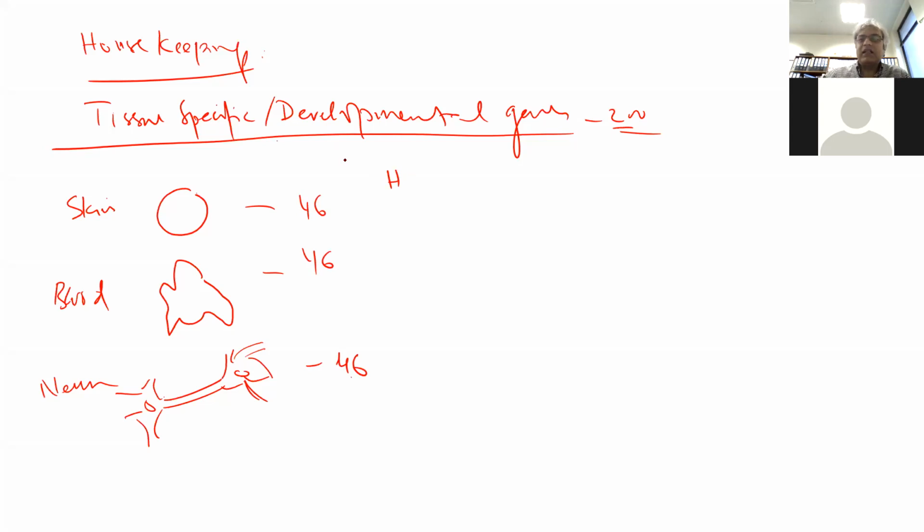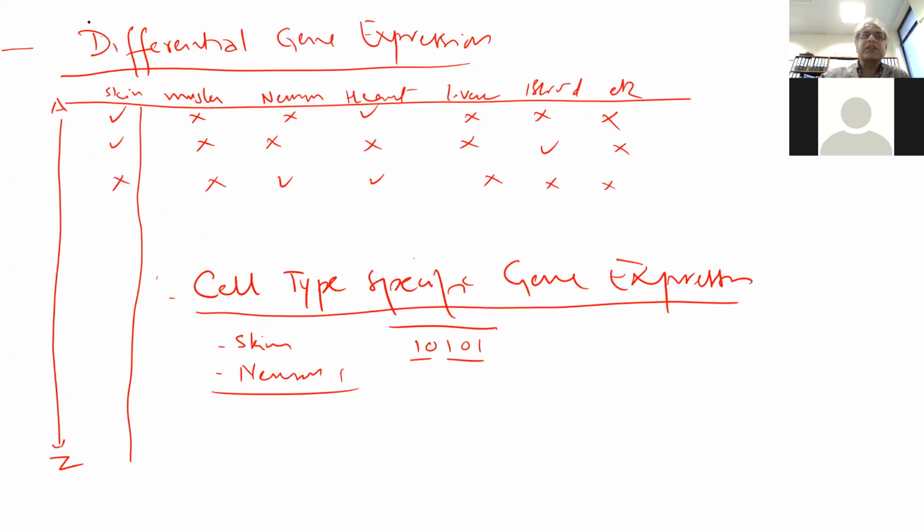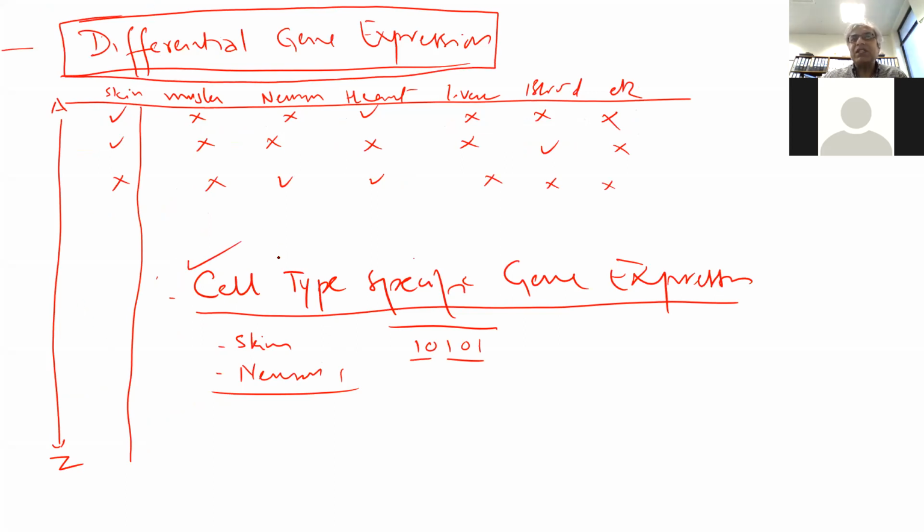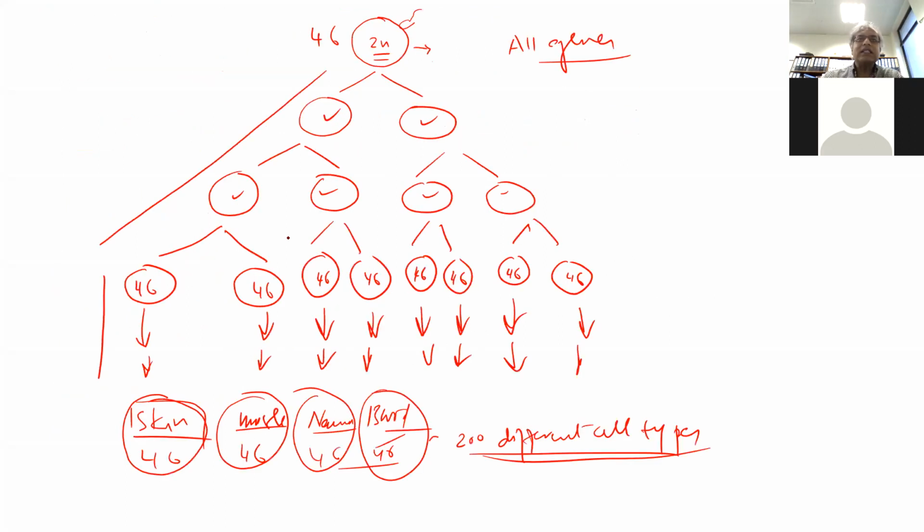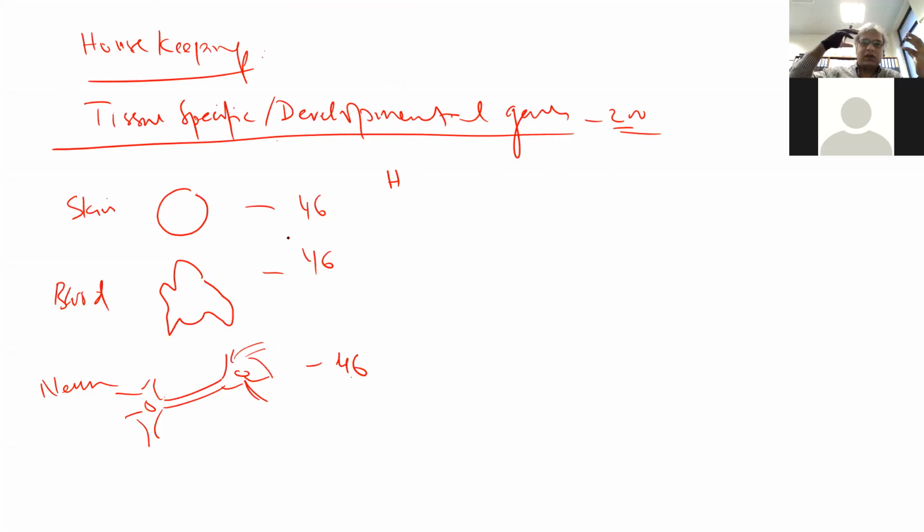One thing we said: through differential gene expression, cell type specific gene expression patterns are established. Early on, cells which will commit to the eyes will start expressing eye specific genes and switch off all the non-essential genes which are not going to contribute to the eye. But the question is how all this is achieved.